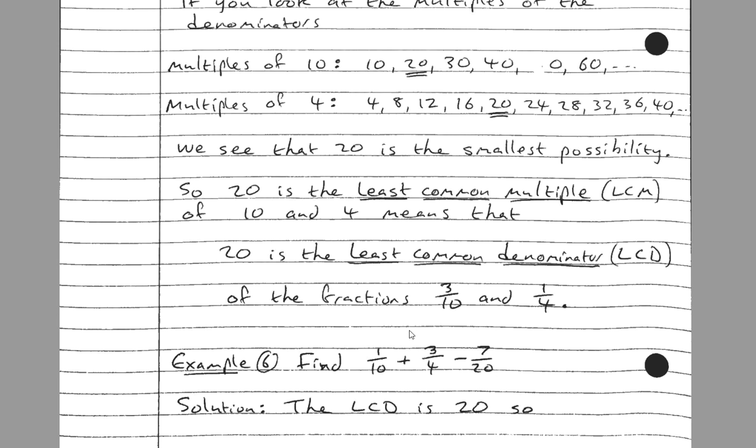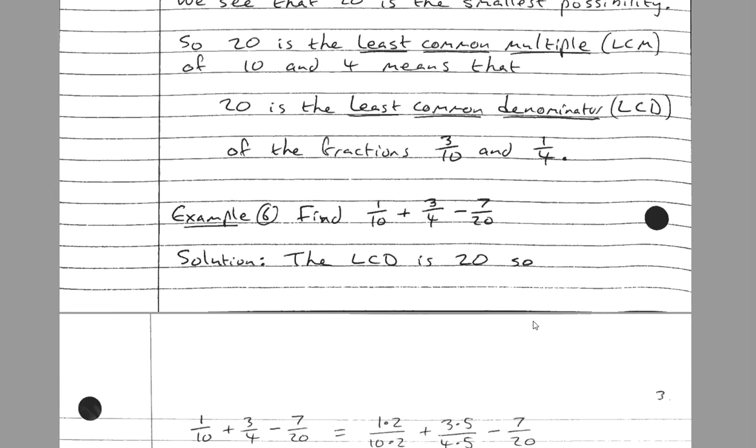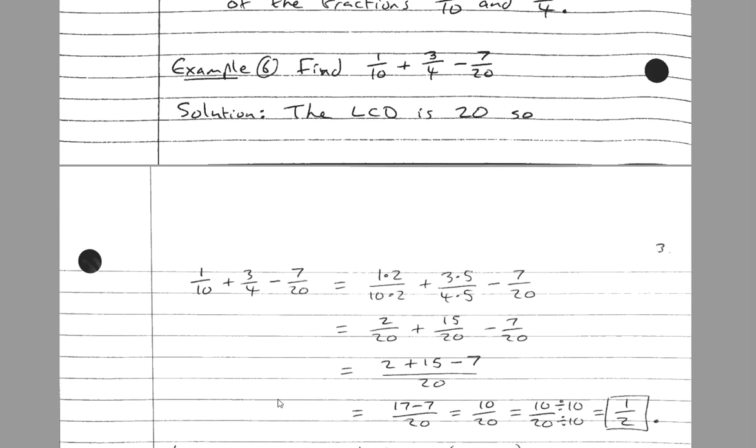The idea is we're going to rewrite these fractions as some number over 20. What do you have to multiply 10 by to get 20? 2. So use 2's here. 4 times 5 is 20, so use 5's here. And we already have 20. You can multiply it by 1 if you want, but it just stays the same.